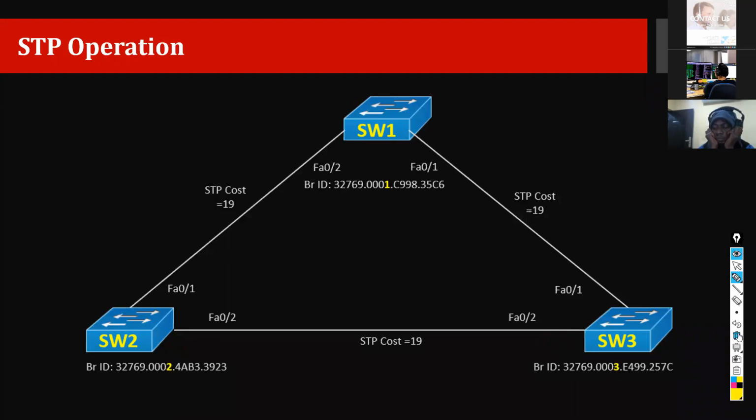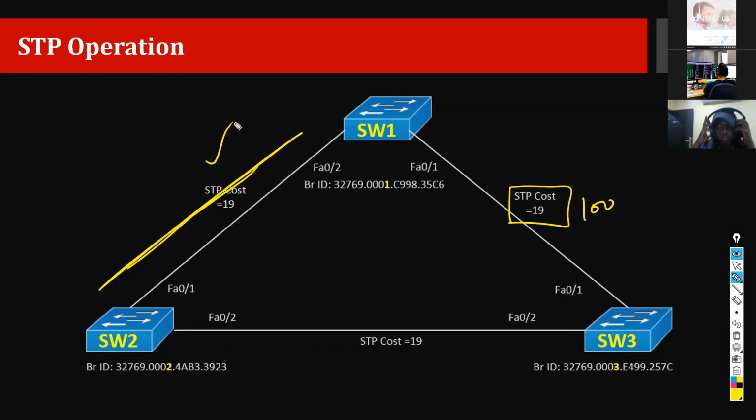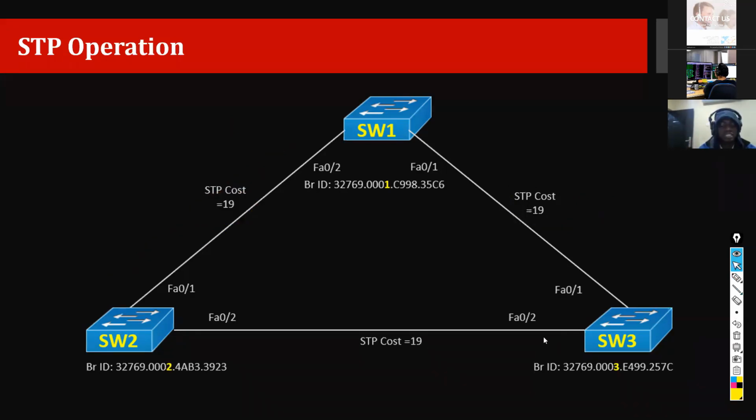So to modify, we have the cost actually. So if we modify the cost, then the lowest cost is always preferred. If we make the cost as 100, then the communication will go through this one because it has cost of 19 and cost is fixed as well. So for FE link, so for 100 MB link, it is 19 always. There is a table as well, which you can refer.